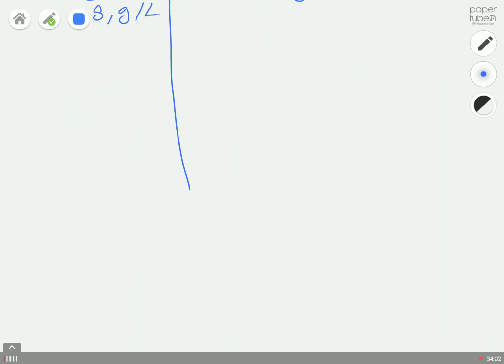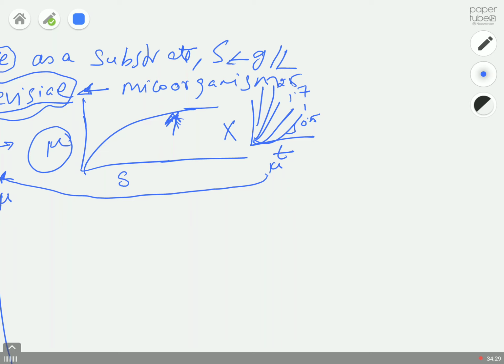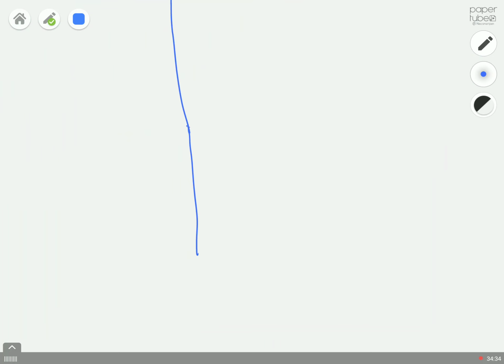Assume we already have time versus x for different substrate concentrations, say starting from 0.5 grams per liter, 1 gram per liter, 1.7 grams per liter, 2.5 grams per liter, and so on, and you calculated the specific growth rate. We have the data of substrate concentration and specific growth rate, expressed in terms of 1 per hour. These are the data we get from the lab.